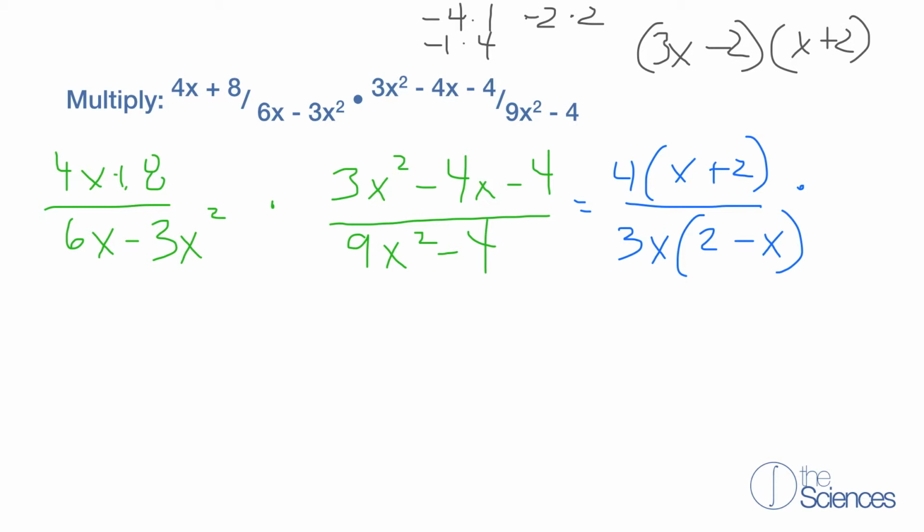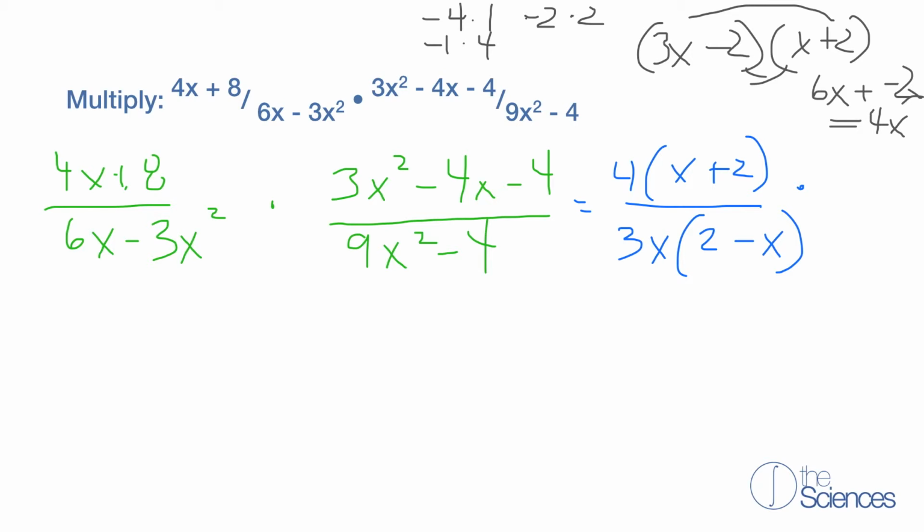So now we're going to add our outside and inside terms. So here we have 6x plus 2x, negative 2x, equals 4x. So that's not it.